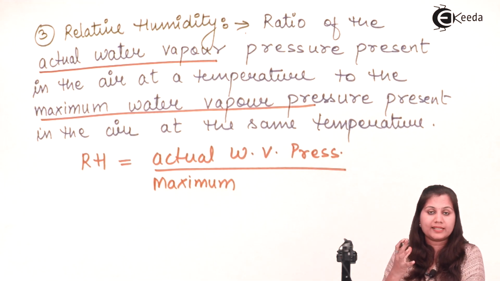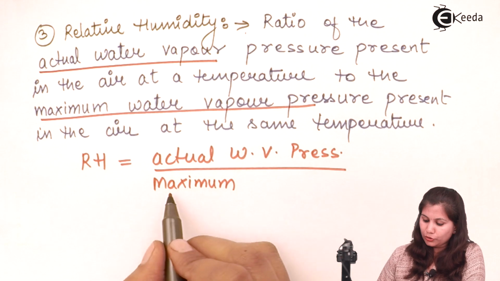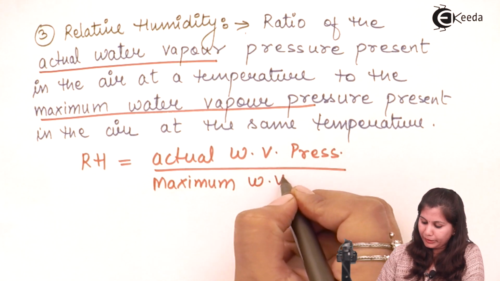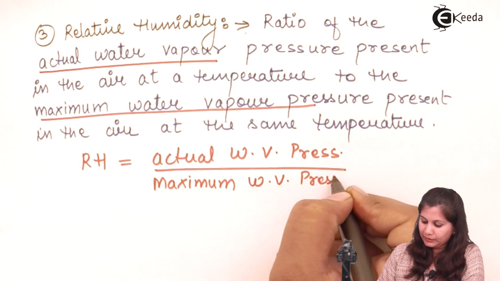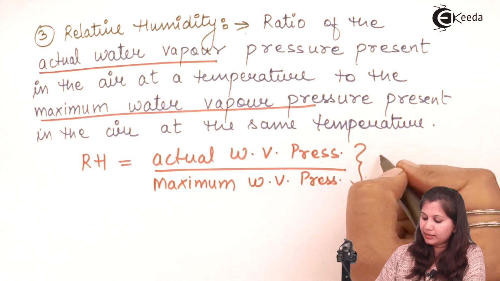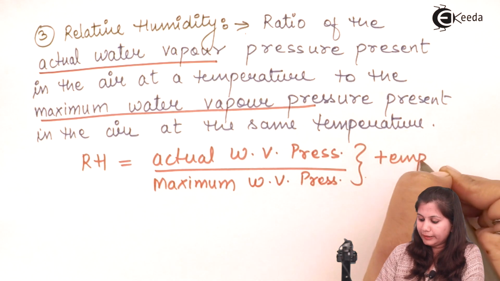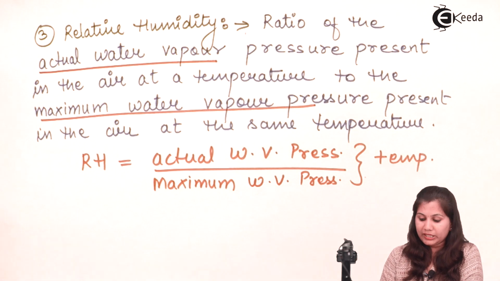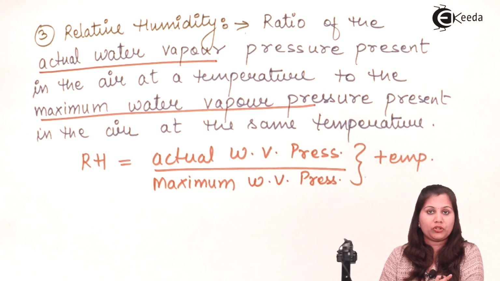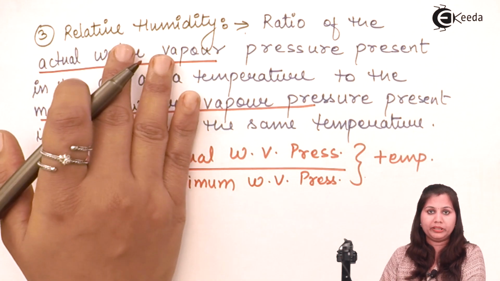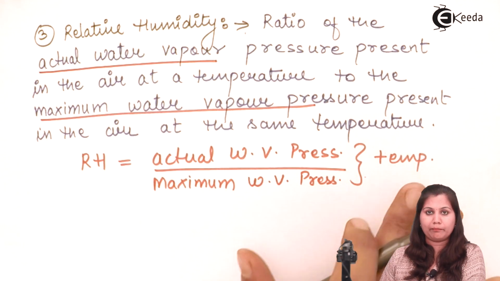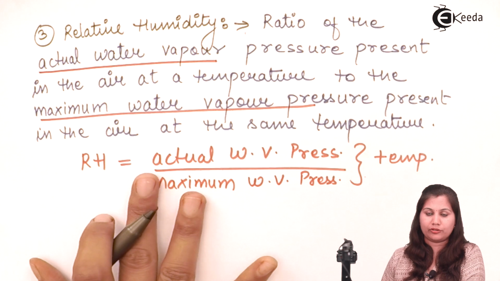Means when the air is having 100% humidity, that means the air is completely filled with water. So that is the maximum water vapor pressure, and both these measurements are done at a particular temperature. So we can see that absolute humidity was not taking temperature into account, but relative humidity takes the temperature also into its consideration.